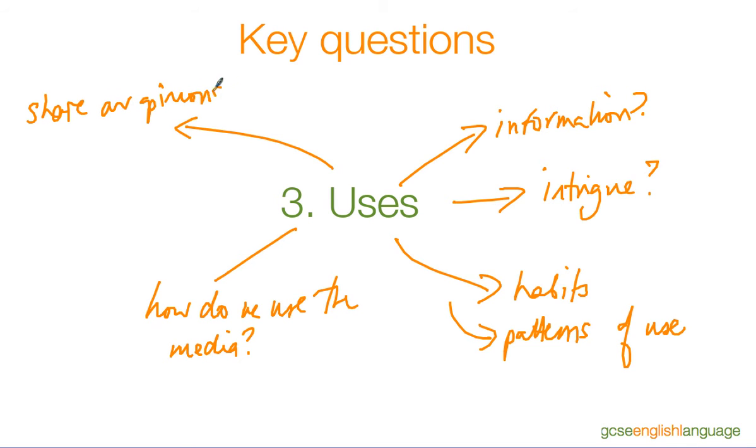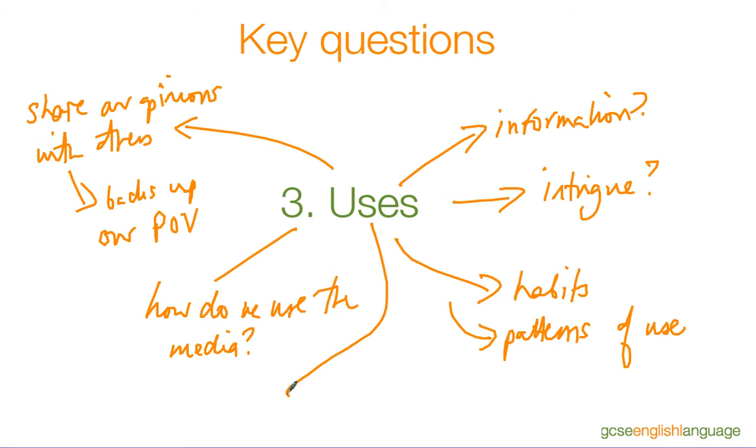You know, we might read a certain text because it backs up our own point of view. So all these different ways in which we use text, it's going to affect the way in which the text is structured, because a writer will write a text expecting the text to be used in a certain way. So the writer has expectations as well as the reader.